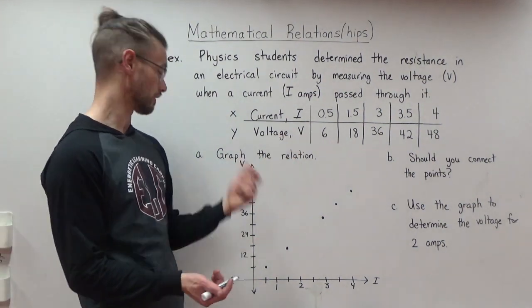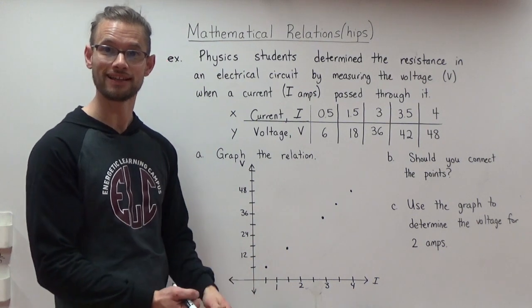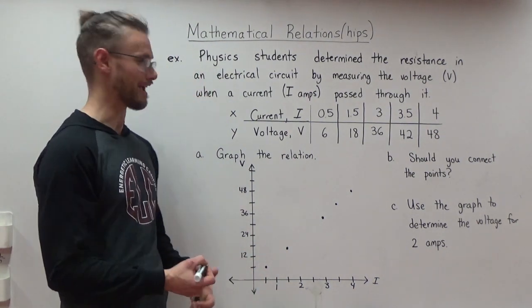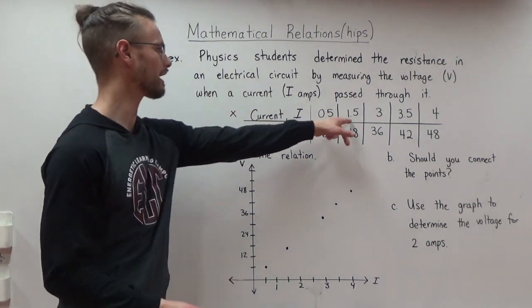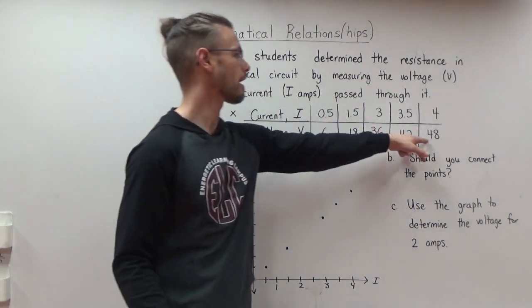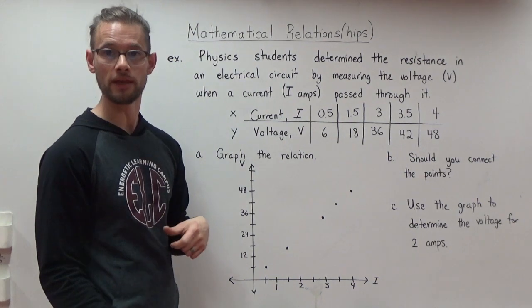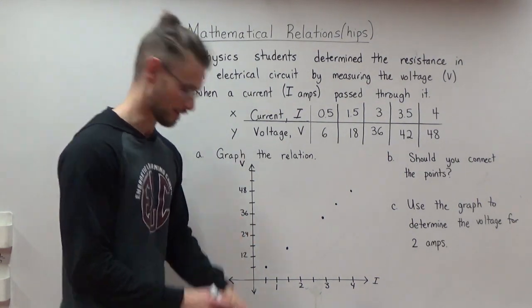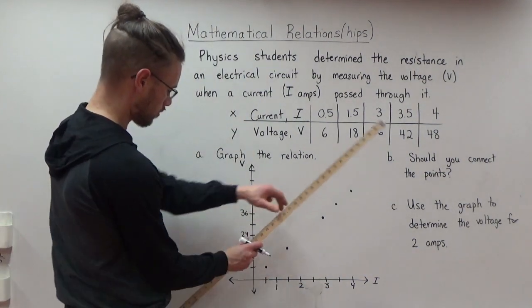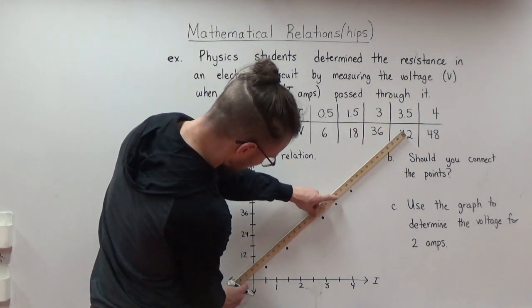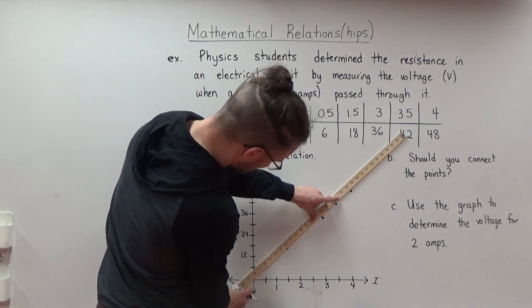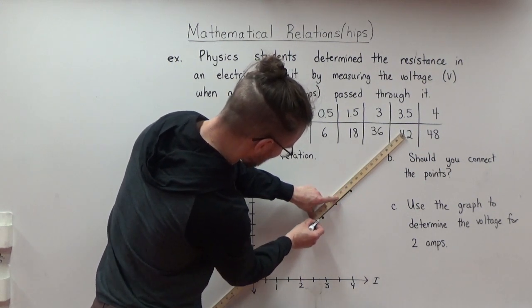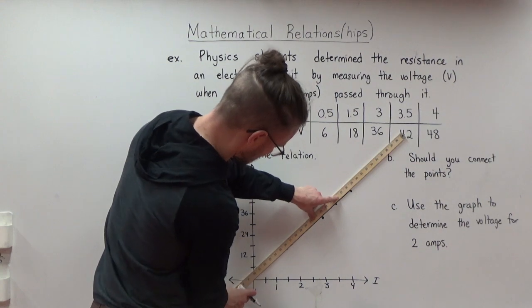I could put in literally 0 current into a circuit, and that would produce 0 volts. And I could go on and upward. I could give more than 4 amps. Now, I don't know what the upper limit is, but for this example, I know that I can do 0, and I'm going to hope that I drew these circles in a relatively straight line, and I'm going to go up there. Okay?